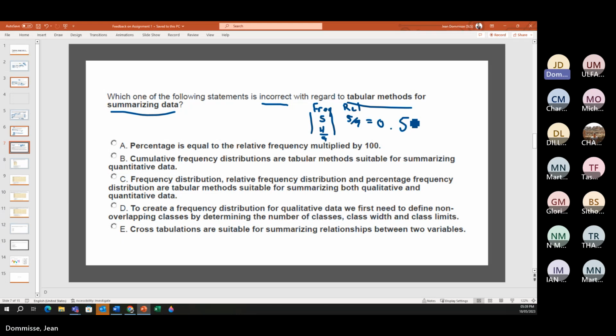And then if we want to work out the percentage, it is the relative frequency times 100, so we get to 56%.